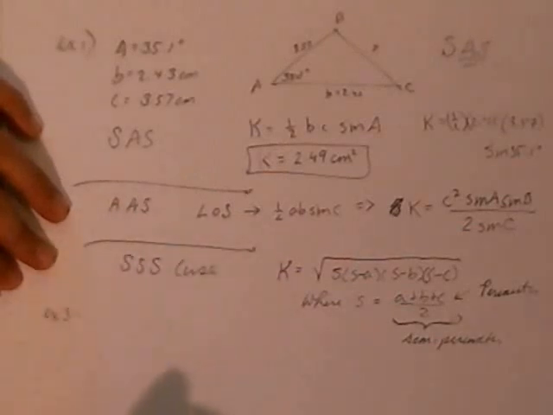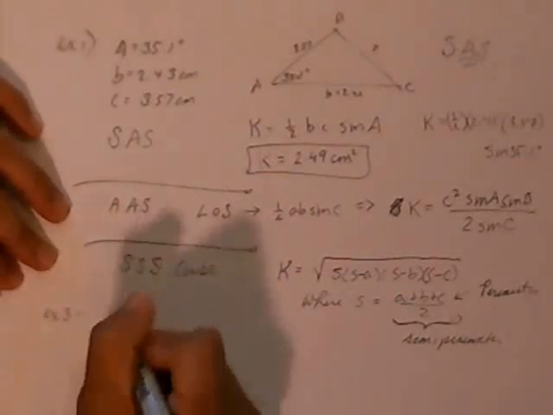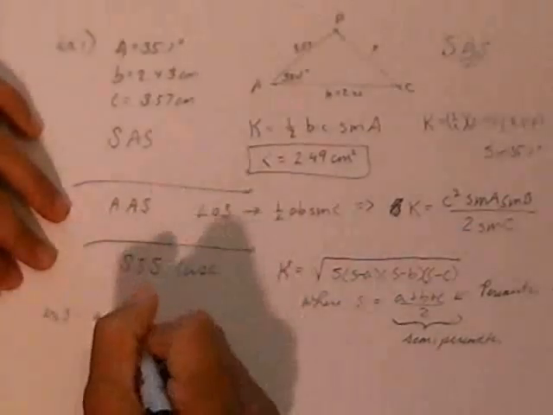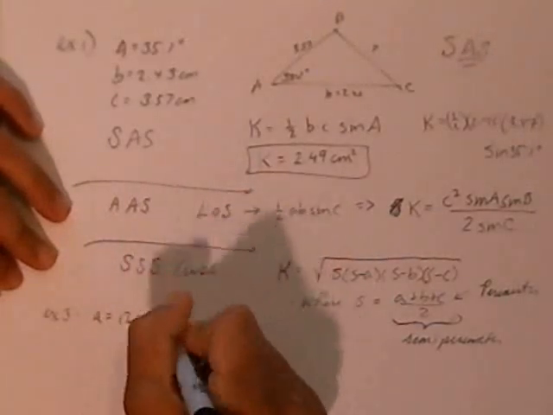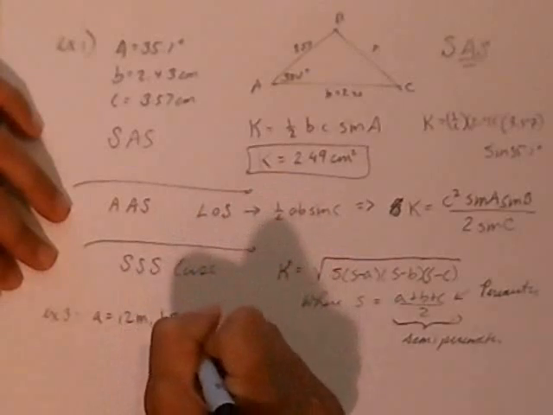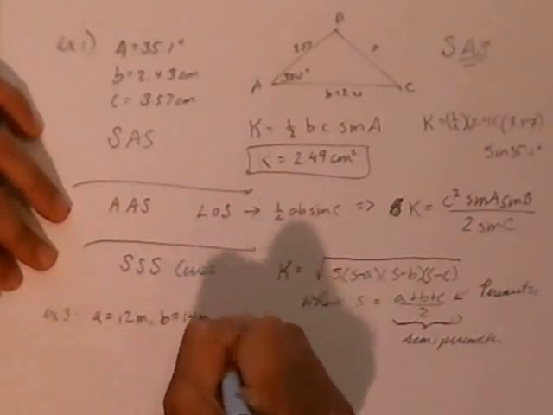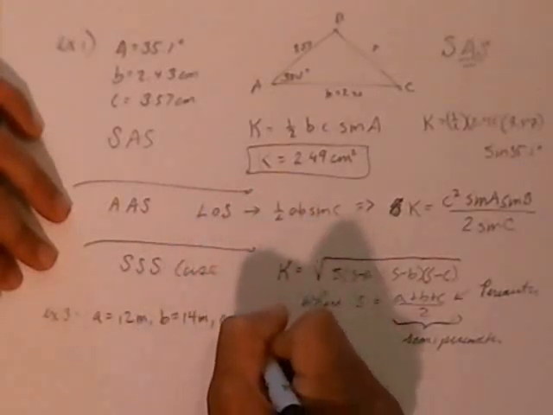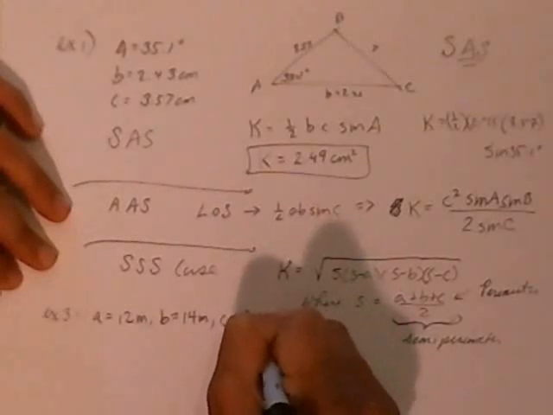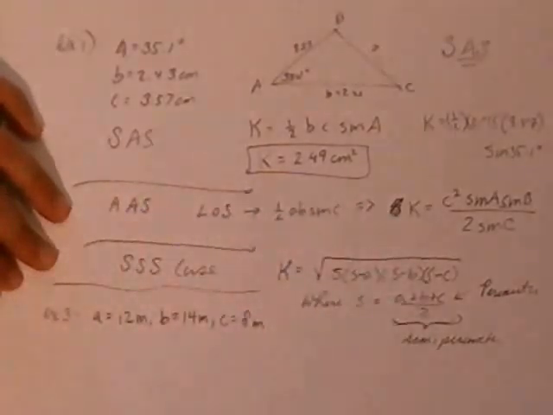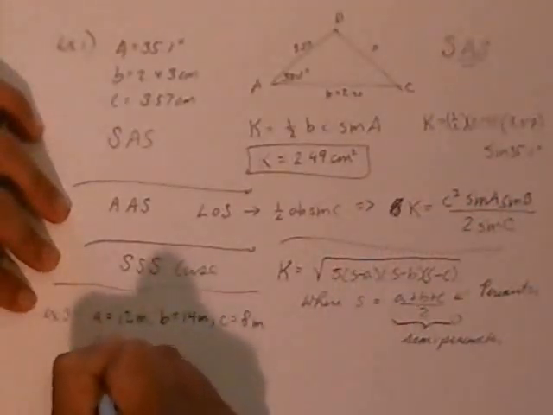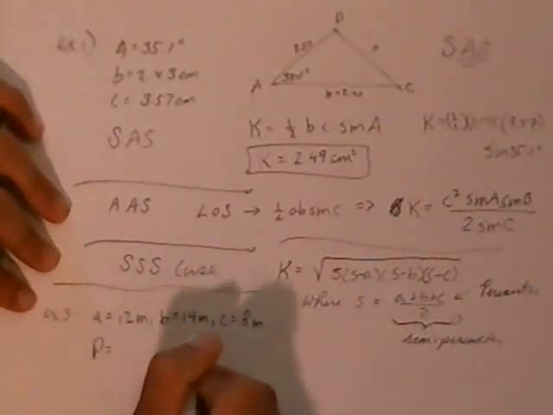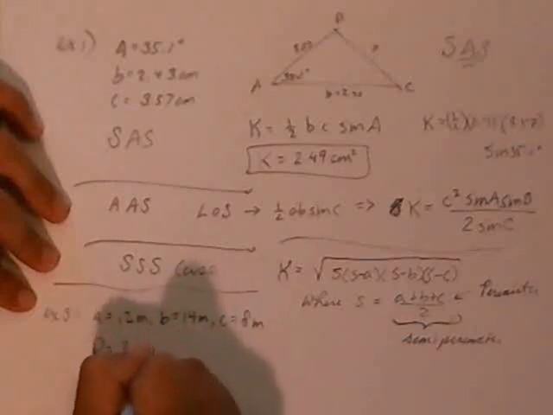Example 3. Find the area of the triangle given little a is equal to 12. They use meters this time. Very good. b is equal to 14 meters, and little c is equal to 8 meters. The perimeter is equal to 34.